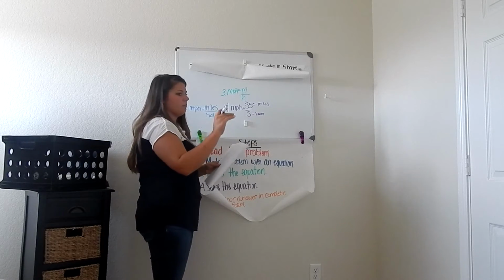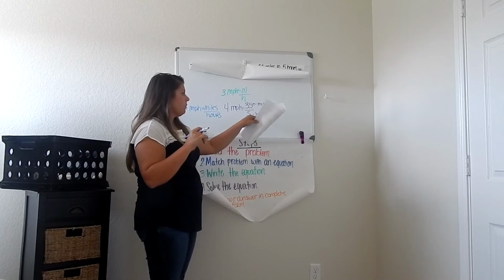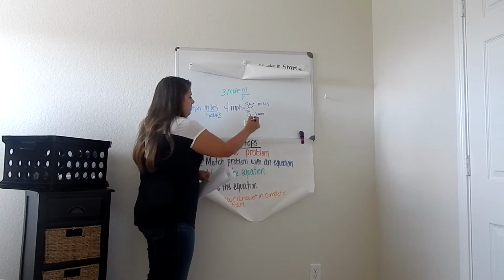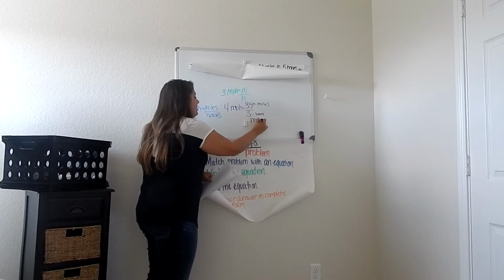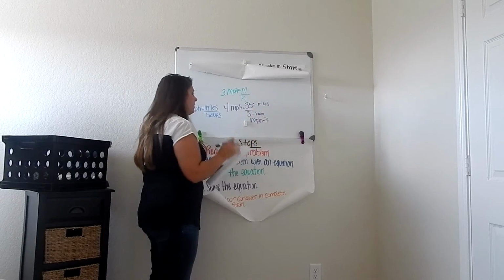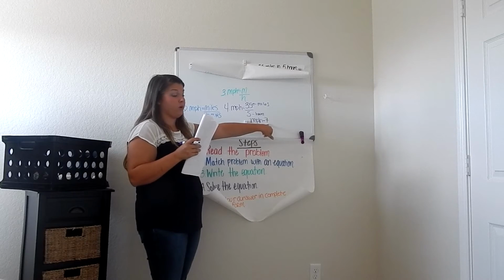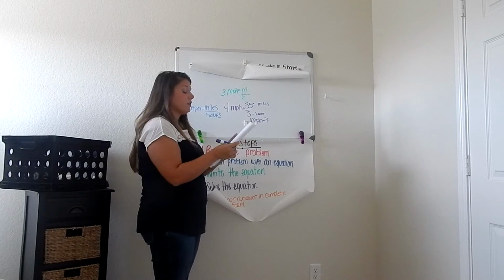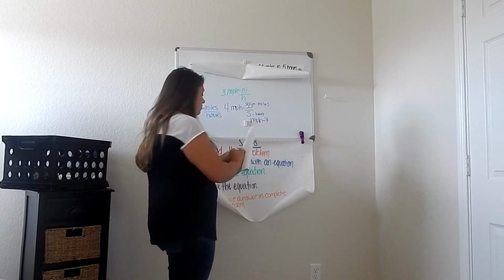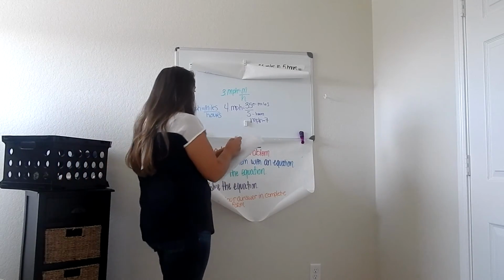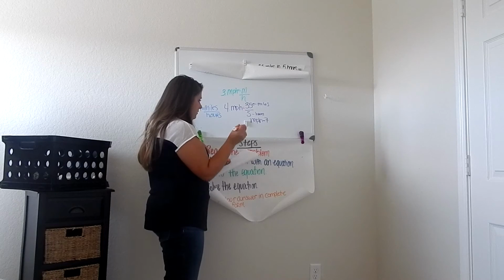And Sue, can you tell me what 35 divided by 5 is? Good job. It's 7. Now, are we going to leave it like this? Because that's not really answering the word problem, is it? No, we're going to write it in complete sentence form. Correct. Okay. So now let's write it, okay?